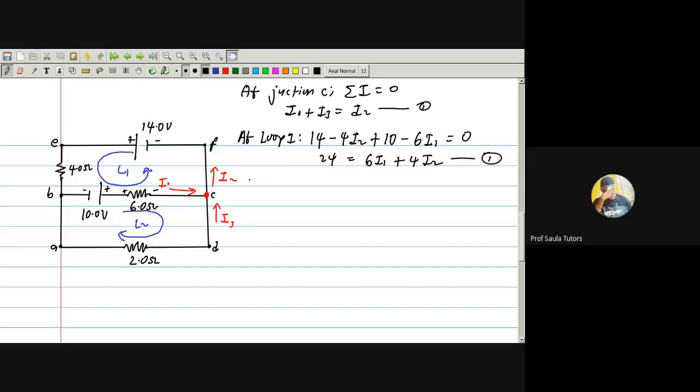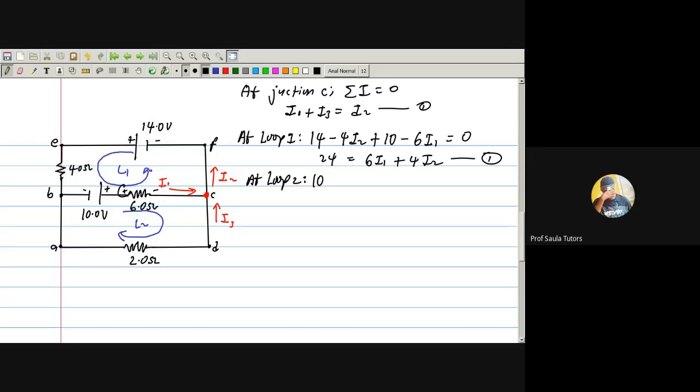So at loop 2, now let's see how we are traveling. We are moving across this 10 volts from low to high potential, so that's plus 10 volts. Now look at this resistor. You can see the way the current is traveling. A way to make this easy is to label the charges on your resistor.